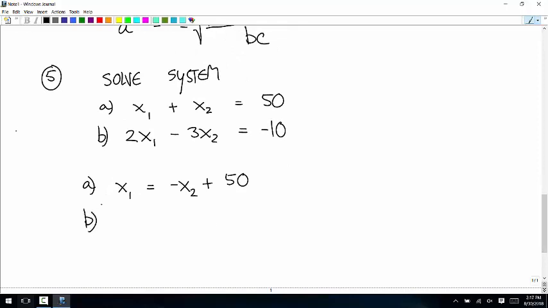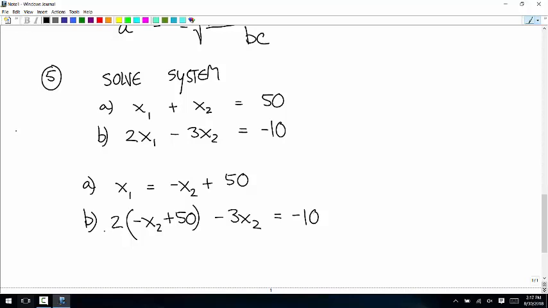So equation B now says 2 times the quantity negative x2 plus 50 minus 3x2 is equal to negative 10.